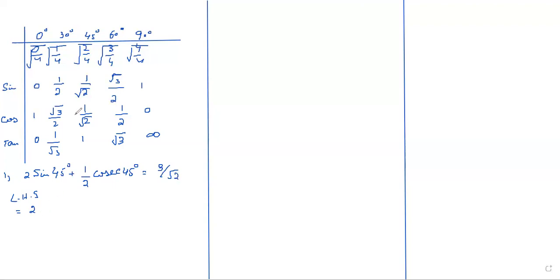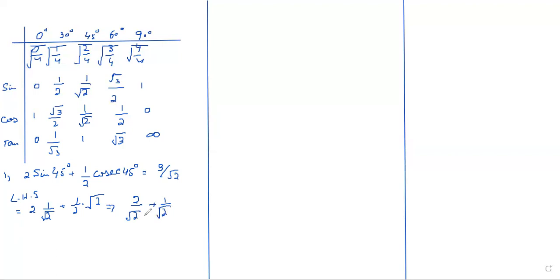Sine 45 is 1 over 2 root, plus 1 over 2 cosecant 45, and cosecant 45 is 1 over sine 45, so it equals 2 root. So it equals 2 over 2 root, and cut these, so equals 1 over 2 root.